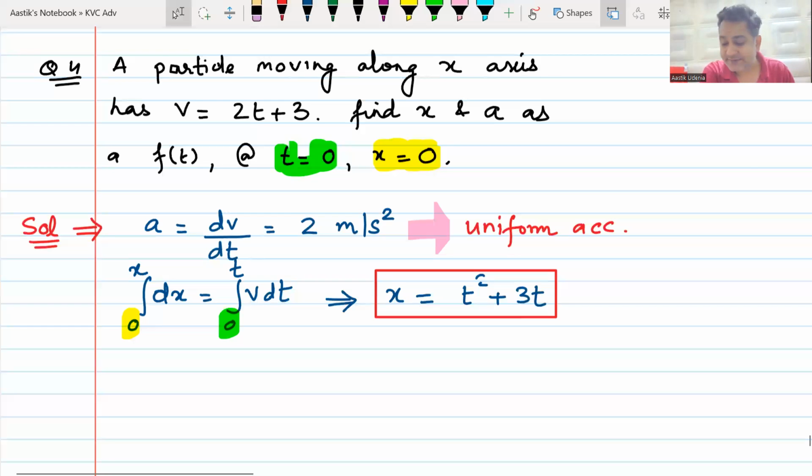Do we understand this? Anyone having any doubt?